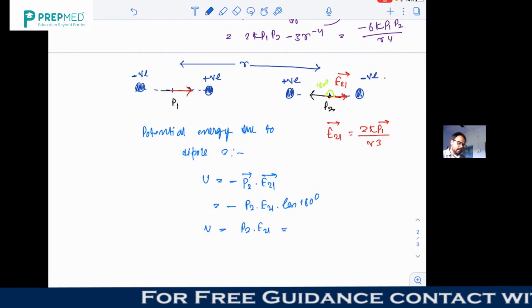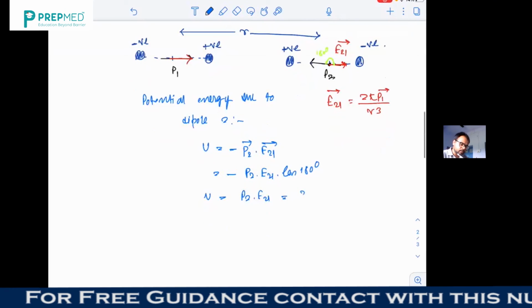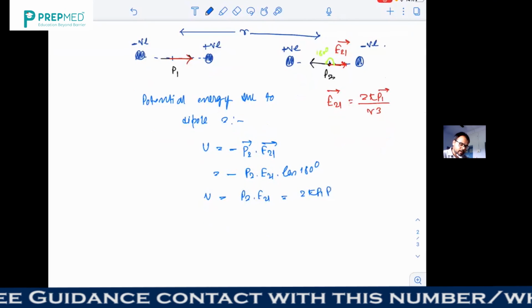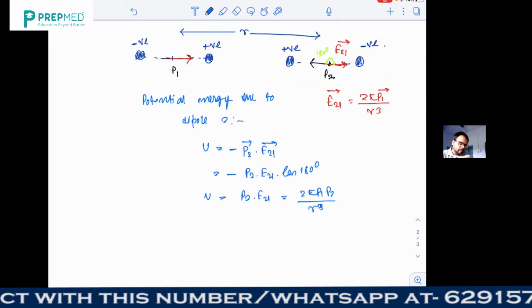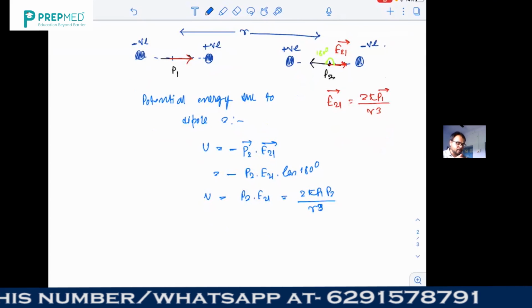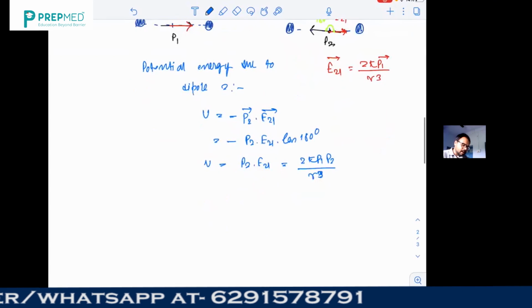If I place the value of E over here, I get 2K P1 P2 divided by R cube. So only one difference you get in this expression: the value of potential energy has come out positive. So naturally, let us see how the force looks.